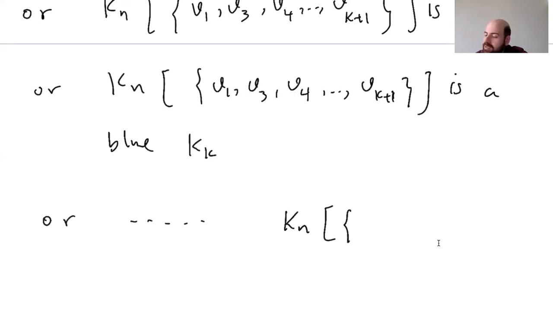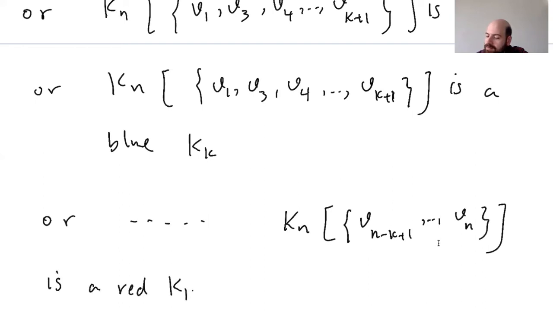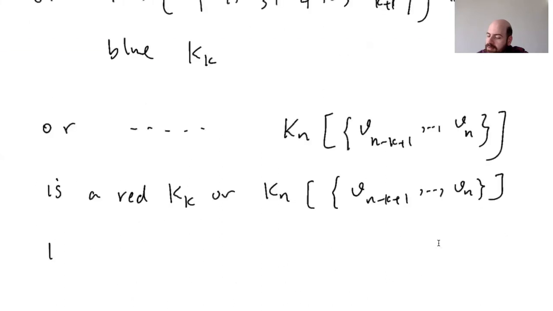So I can have Kn of V n minus K plus 1 all the way to Vn be a red KK, or Kn of V n minus K plus 1 to N be a blue KK.